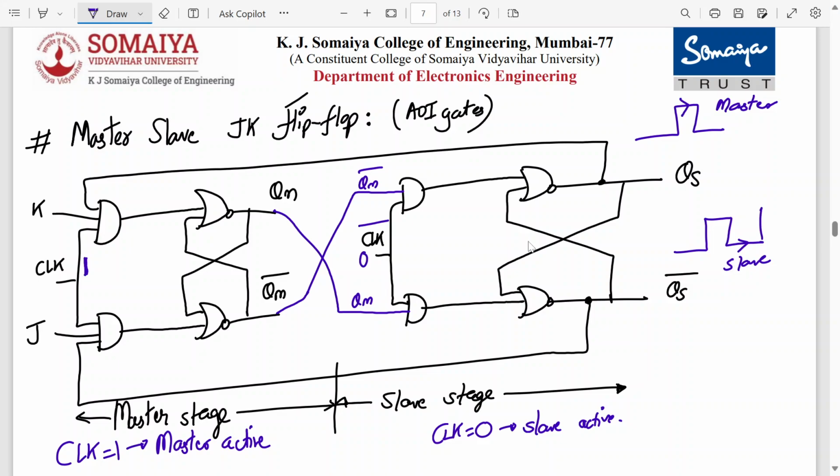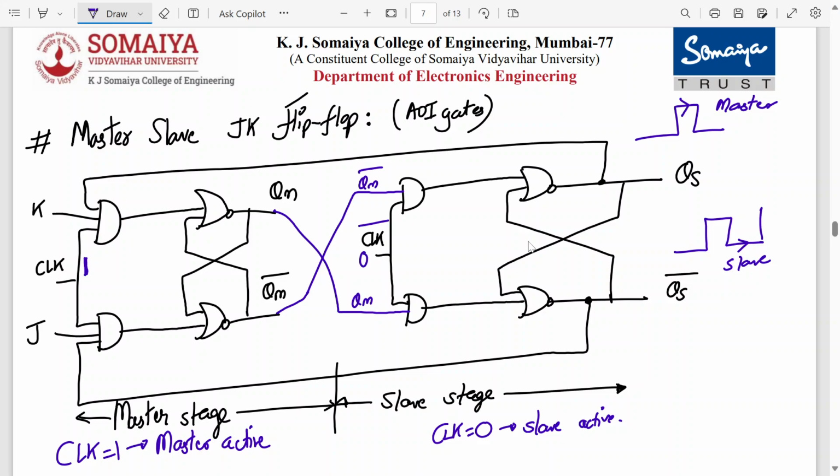Now if any change occurs in J and K inputs, it is not directly reflected to the outputs. So when J and K is 1, toggling occurs, but it eliminates the possibility of uncontrolled oscillations. Toggling still occurs over here, but it will not lead to any drastic effect.